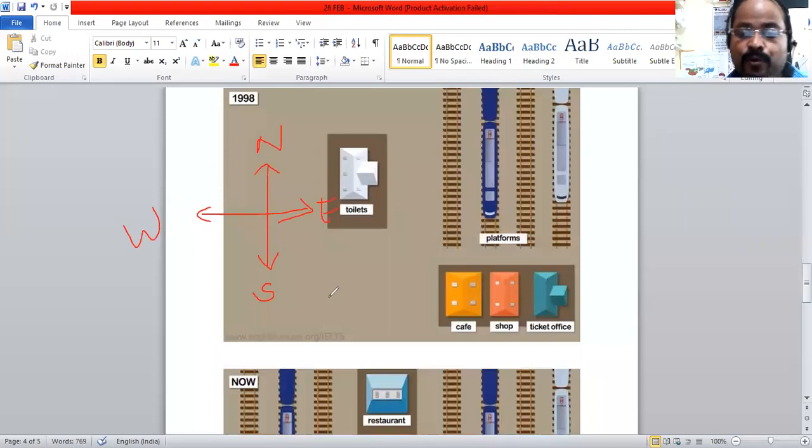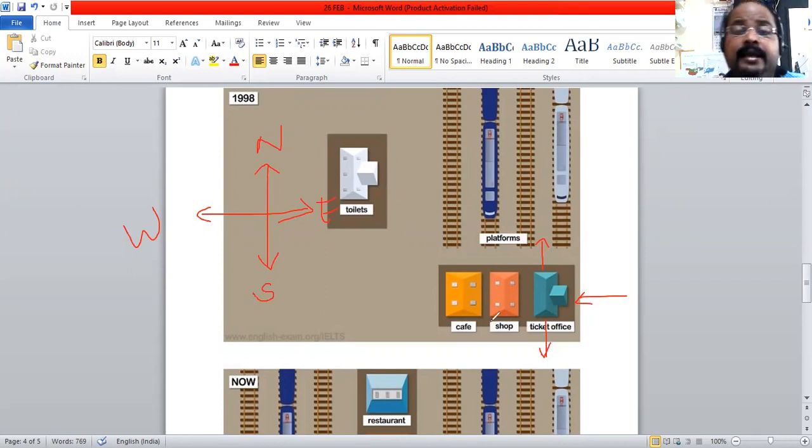And if, for example, you are telling that this is the entrance of the ticket office, this is towards your right, and this is the left side. So you can go with right and left.